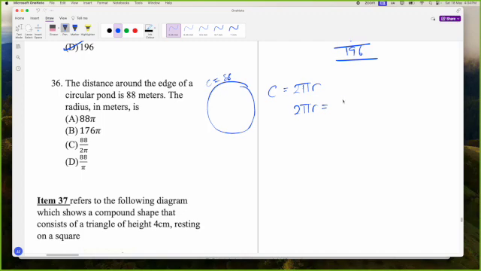So the radius is going to be 88 divided by 2 pi. I could see 2 into the 88 will give me 44 over pi. Look here, C, 88 over 2 pi. So thankfully they didn't want us to, you know.